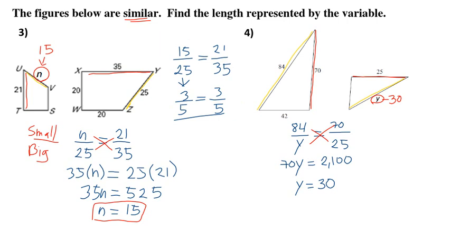And we could actually find the other side also. For example, if you were given x, then in this case you will have to use the short side and the x and what was given originally, which is the 70 and the 25. Let me just double check, because it seems like there is something that is not making a lot of sense. So I'm going to double check very quickly the work that I did here.